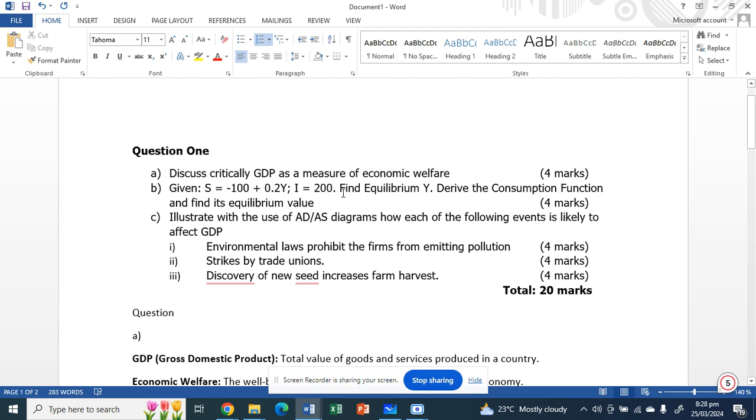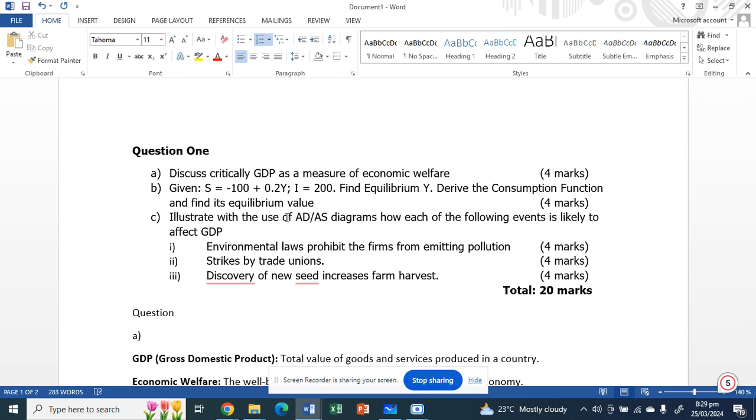The first part, they want us to find equilibrium Y. Equilibrium Y represents the national income of a country at equilibrium. There are two ways you can do it. With the information given here, we're going to use the withdrawals equals injections method.